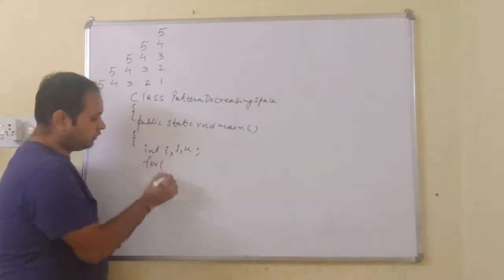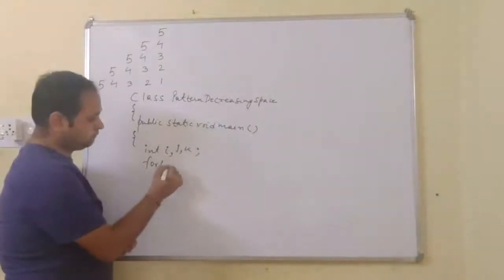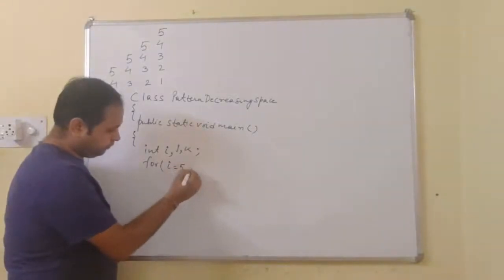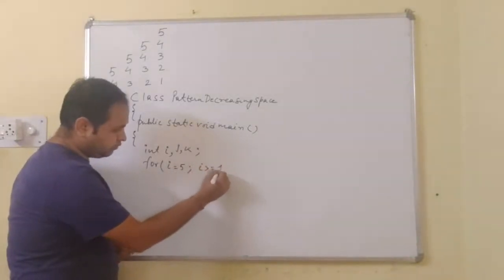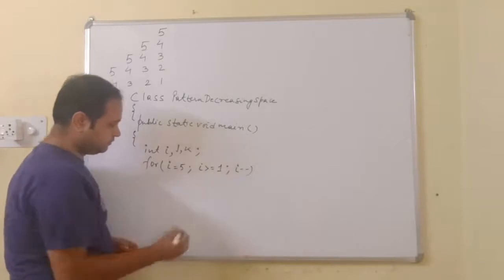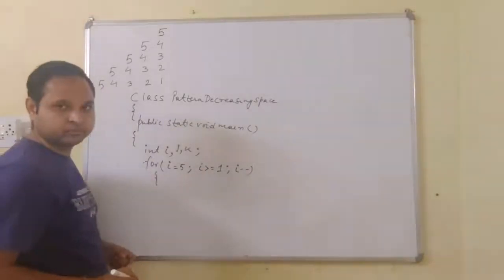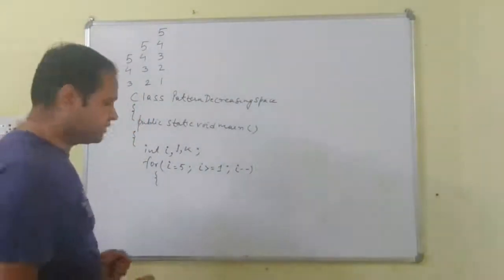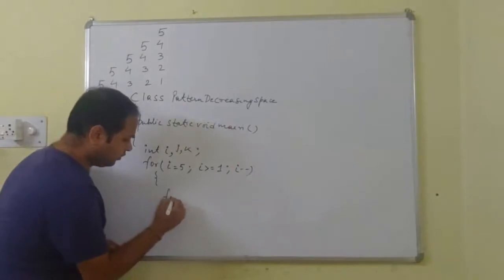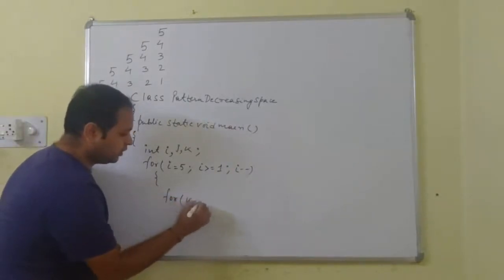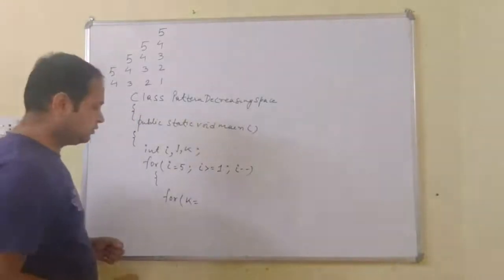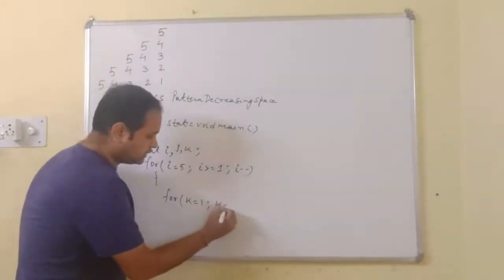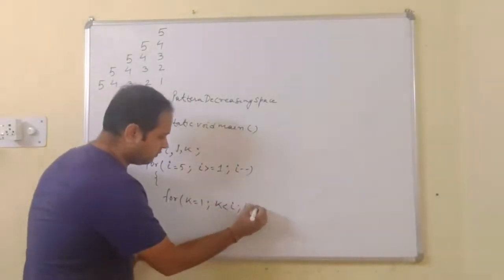So I write here for i equals 5, i greater than equals to 1, i minus minus. Okay. Now first time we need to print 4 spaces. So write here for k equals to 1 and k less than i, k plus plus.